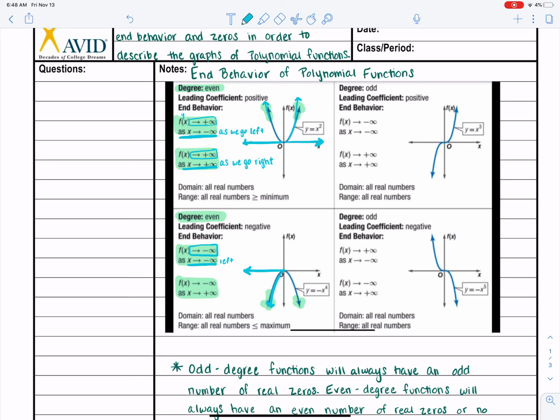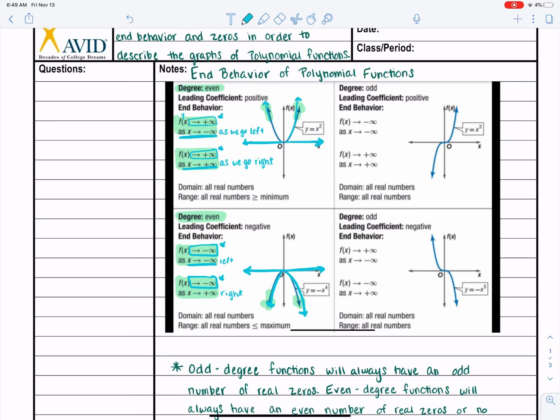As my x values approach positive infinity, as I move to the right, my graph is moving down. So if you have an even degree, then your y values will have the same end behavior. They're both positive infinity, or they're both negative infinity. So an even degree means you have the same end behavior, okay?